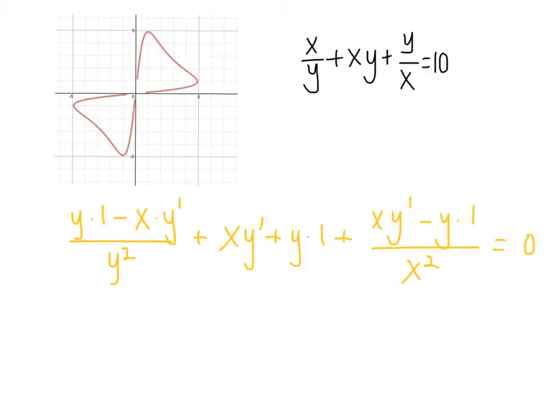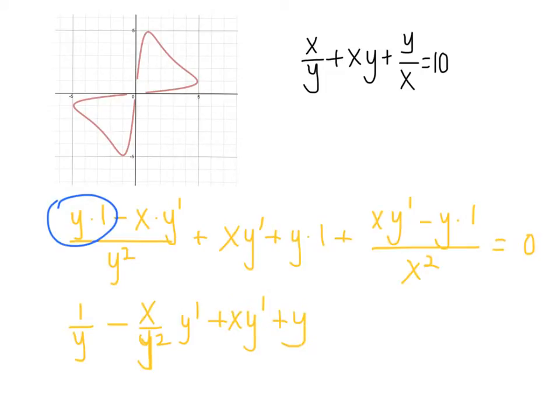So in this case, we do have to simplify. You have to get the y primes by themselves. So I'm going to split up each of these complex fractions. This piece right here is a y. So y over y squared is 1 over y minus x over y squared, y prime, plus x y prime plus y.